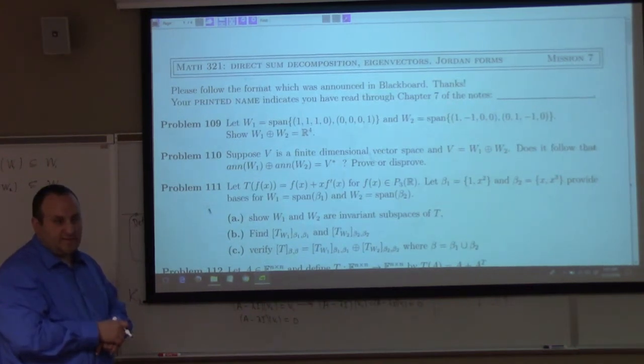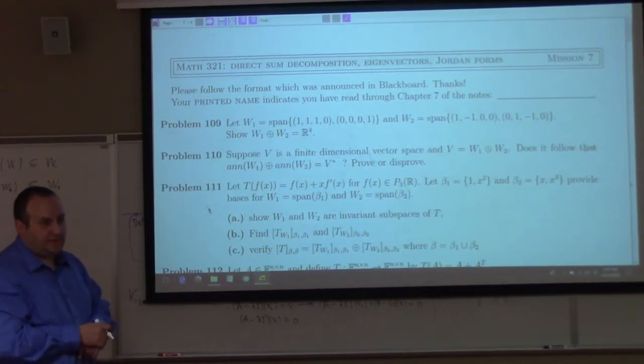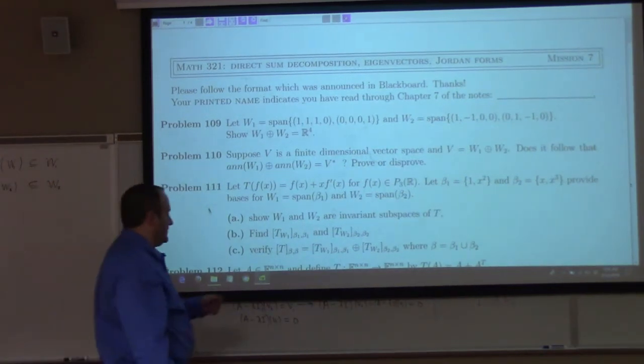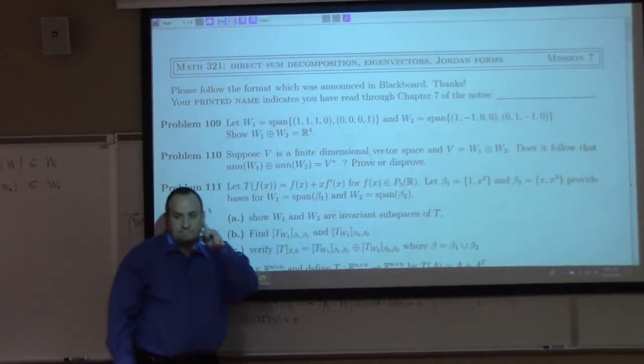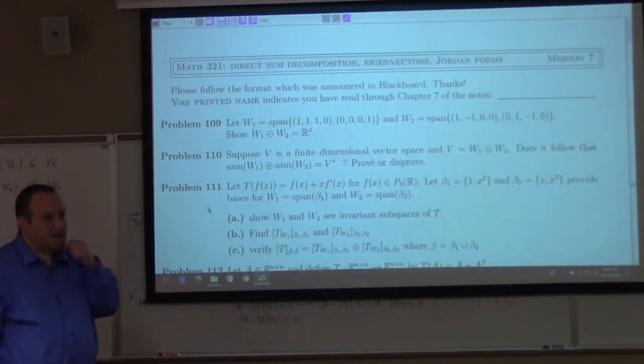And if you get things back in the span of 1 and X squared for W1 and X and X cubed for W2, well, there you go. Invariance. But in the process of doing that calculation, you'll also discover what these matrices are, right? So in some sense, you can't help but do part A by doing part B and understanding it.